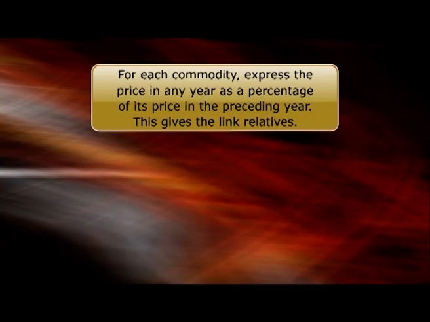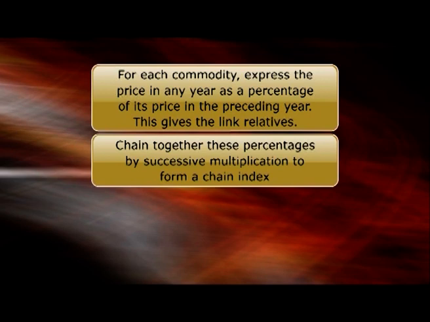The following are the steps in construction of chain index numbers. For each commodity, express the price in any year as a percentage of its price in the preceding year. This gives the link relatives. Chain together these percentages by successive multiplication to form a chain index.